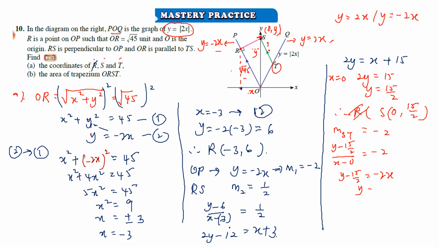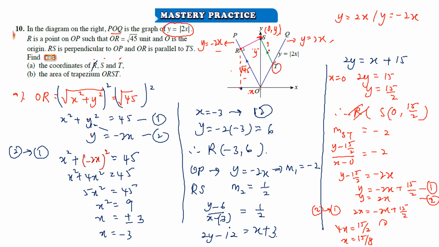So y is negative 2x plus 15 over 2. So we need to solve it with y equals 2x, equation number 2. So now we substitute 2 into 1. So 2x equals negative 2x plus 15 over 2. So 4x equals 15 over 2, x equals 15 over 8.